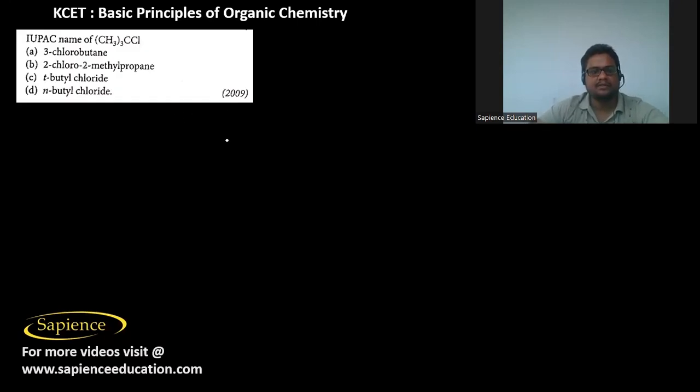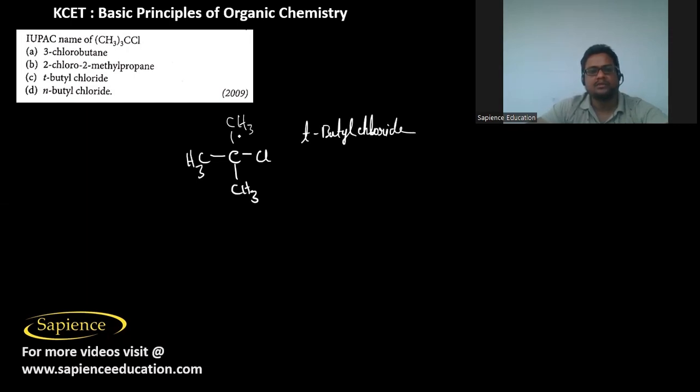IUPAC name of this is how much? So 3 methyl groups it has. So it is actually tertiary butyl chloride, but that is the common name. So the common name is tertiary butyl chloride, but it is not the IUPAC name.